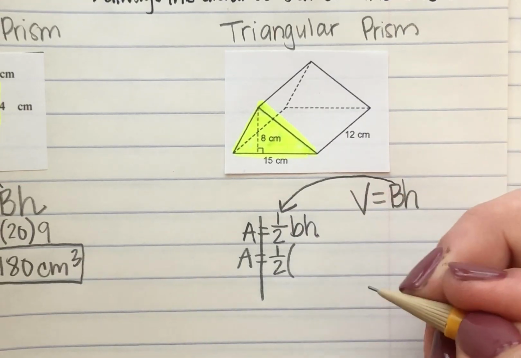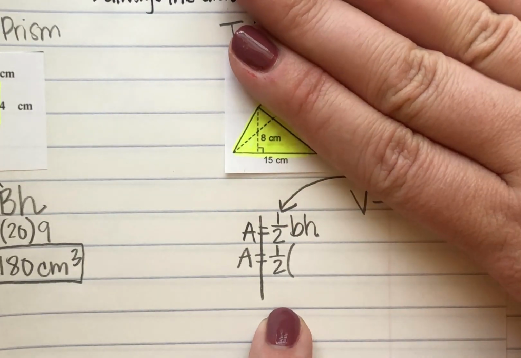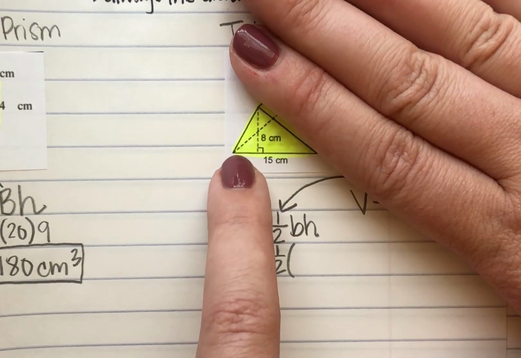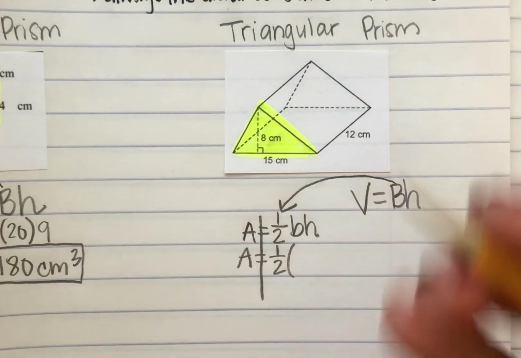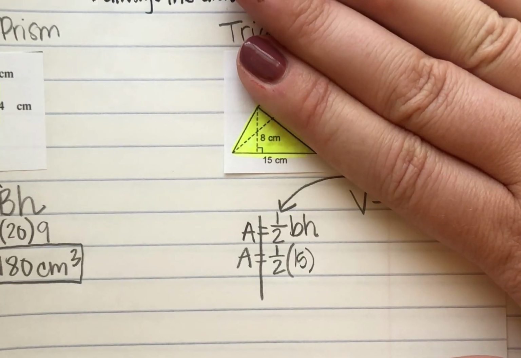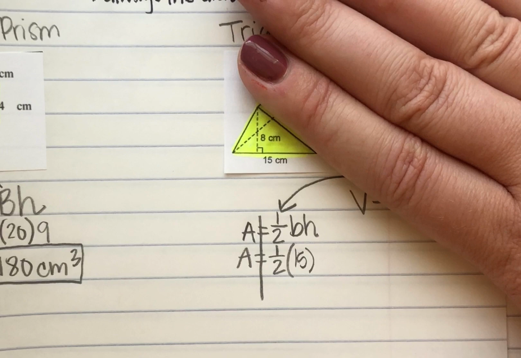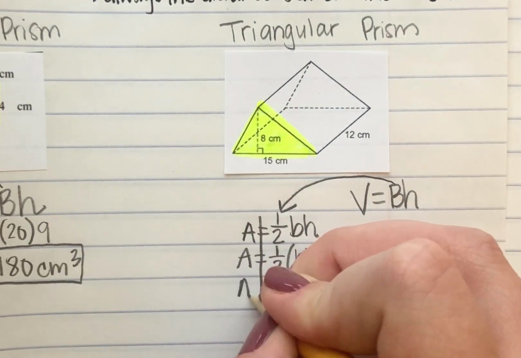Let's go ahead and find the area of this base. So I need 1/2, and I need the length of the base of just this triangle. So the base of this triangle is going to be 15. The height of just the triangle, not talking about the prism, the height of just the triangle is 8 centimeters. So let's multiply those out.